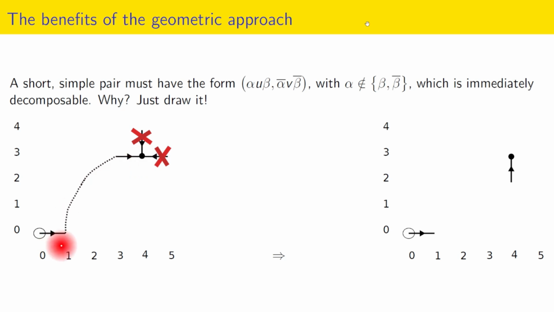So you have to take the first walk to here, you need to go back to the origin because it's a closed curve. And I don't care about the intermediate steps. I just know that to go back from here to here, I need to intersect it. Or if I don't want to intersect it, I need to take a non-short walk. So this was one key argument in the geometrical proof.